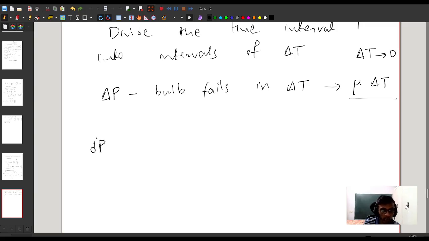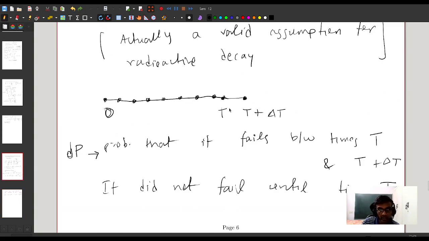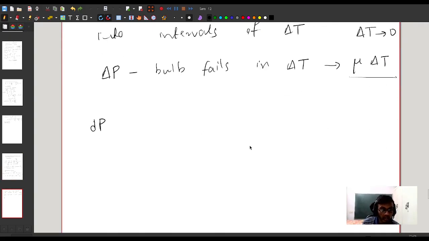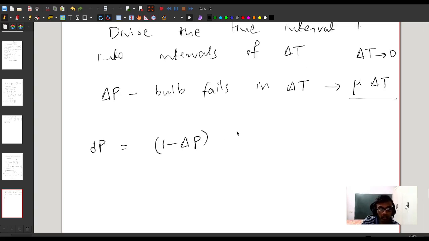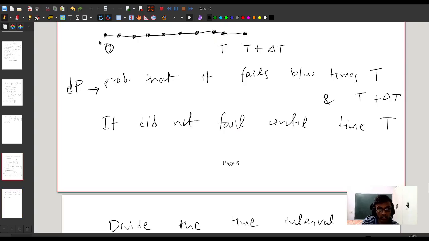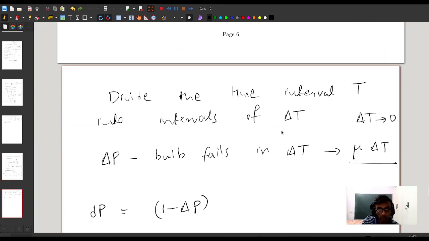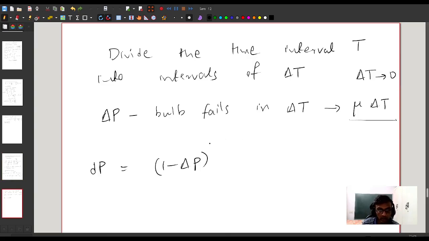And dp, which is the probability that it will fail exactly in the time interval between t and t plus delta t, will be 1 minus delta p, whole to the number of intervals, which is t by delta t, times delta p.